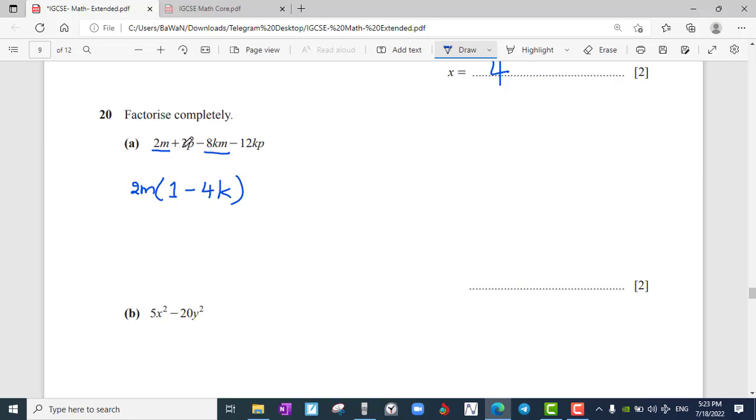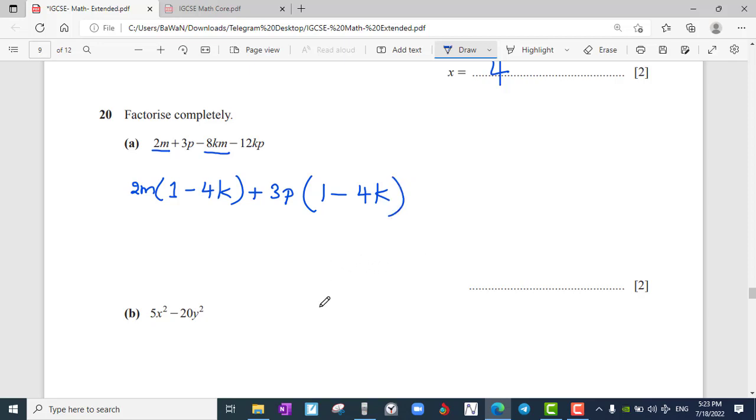The other terms, we have 3p minus 12kp. If I write here plus, for 3 and 12, 3 is a common factor, p is common. See what's remaining. 3p is completely out, 1 is remaining instead. This term is negative, I write minus. 12 divided by 3 is 4, p is out, k is remaining.